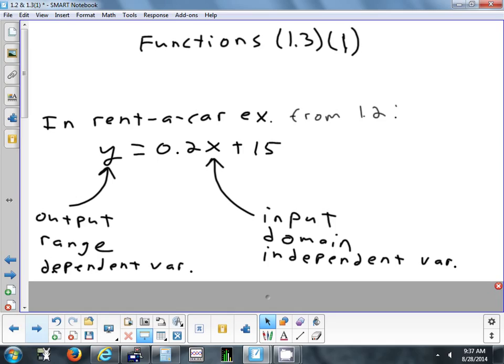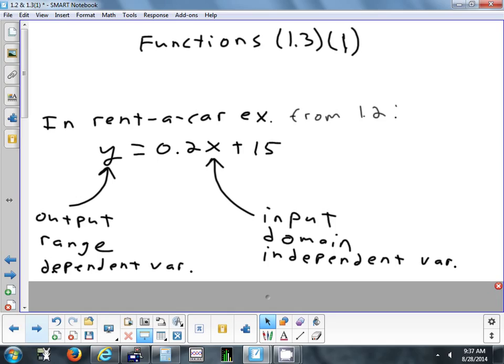It's the second way. The cost is dependent on how many miles I drive. Cost is dependent. That's why cost was my y value. So that's how I figure out which one is independent and which one is dependent if I get confused.